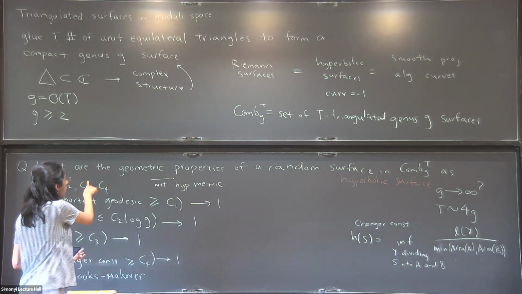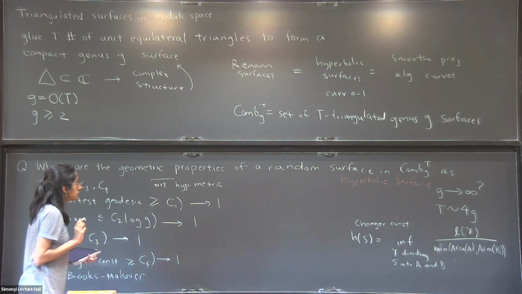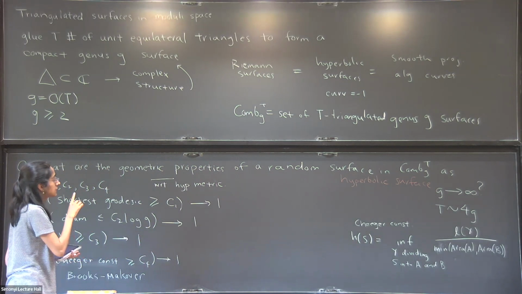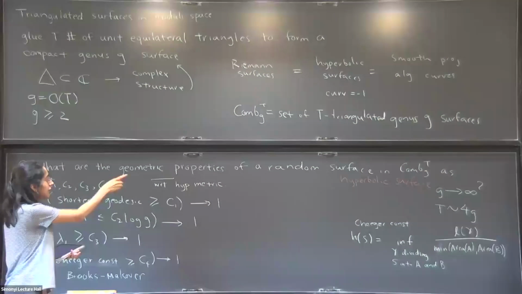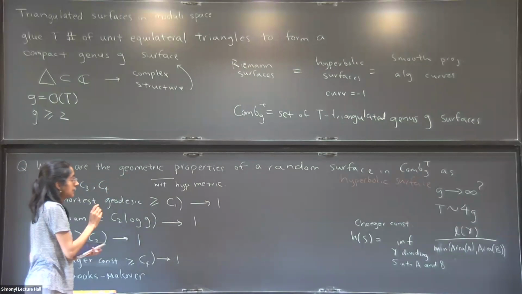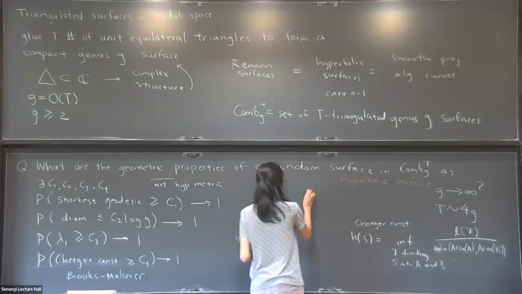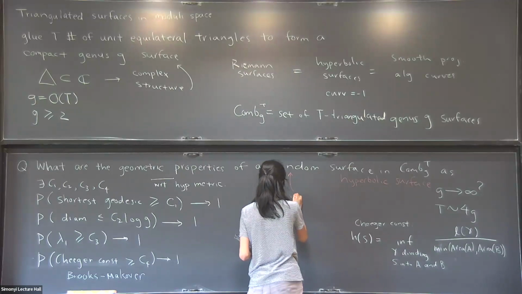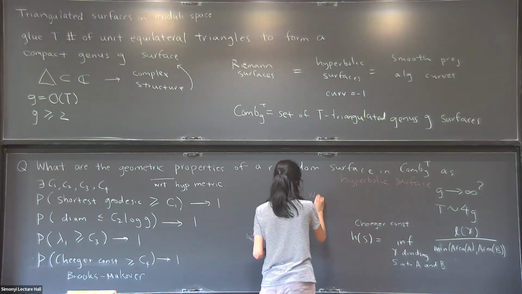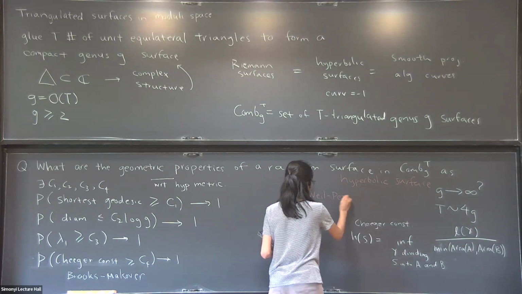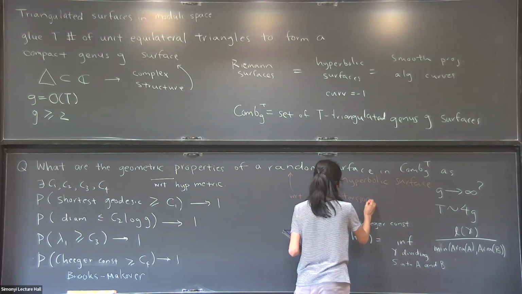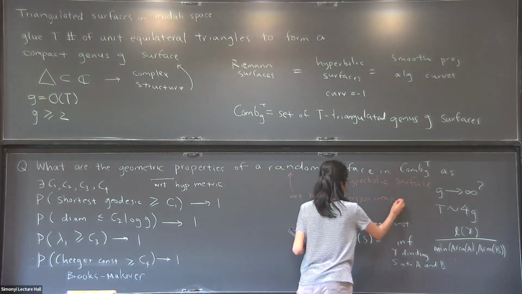Now if I want to pick a random hyperbolic surface, I need to figure out how I'm going to define what is random. And so this is going to be with respect to the Weil-Petersson measure.